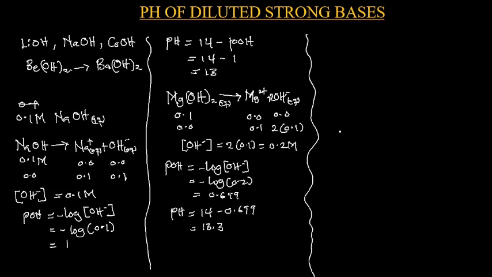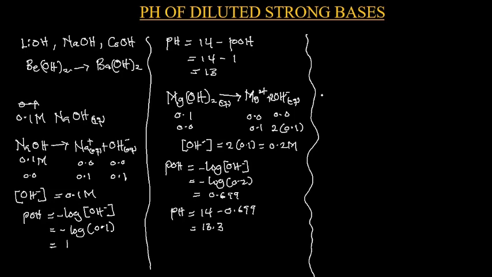This is because the amount of OH minus that is being generated from magnesium hydroxide is so high that even when we subtract that of water from it, it still wouldn't be anything much. It won't make any big effect. So it is negligible.